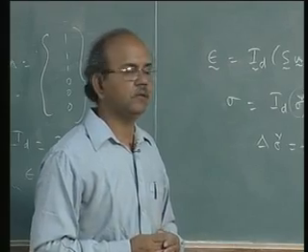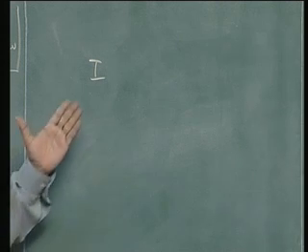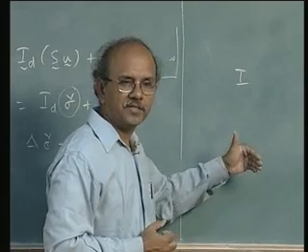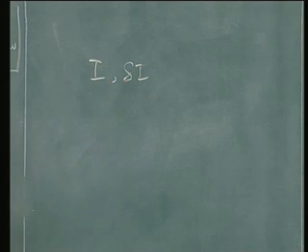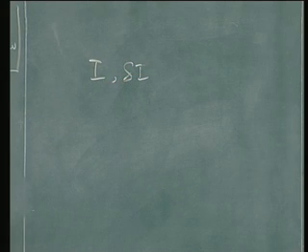To refresh memory, in the last class we said that we can write down a variational form, and then the minimization of the variational principle, which we wrote as delta I, leads to the virtual work principle.